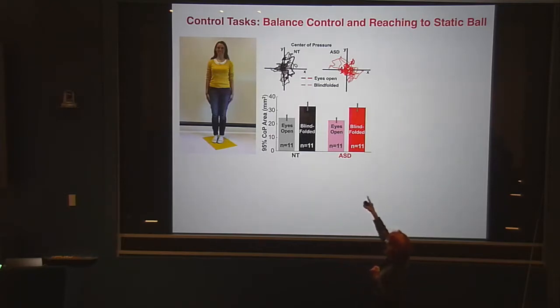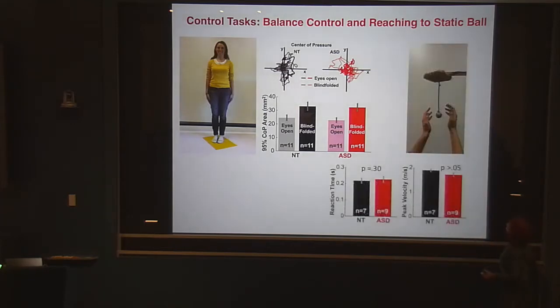Left and right are one exemplary neurotypical child in black and an autistic child in red, and there is no difference. That is shown again in the population data: neurotypical in gray, eyes open, blindfolded. Yes, there is an increase, but it is very parallel in the ASD children, meaning there is no difference in postural control without the added catching movement.